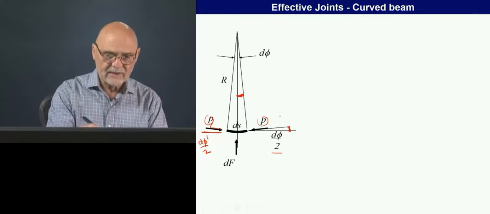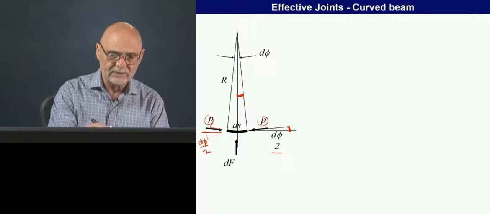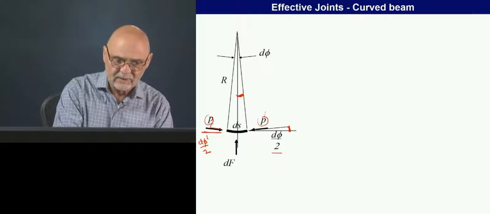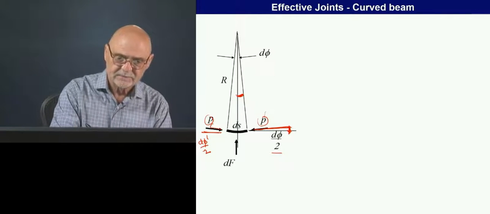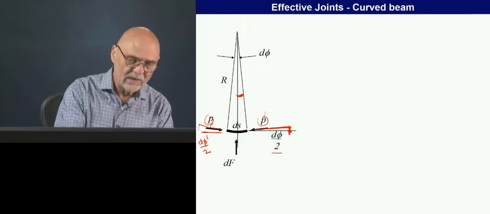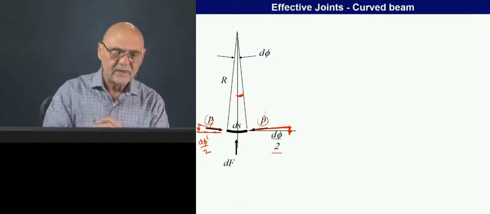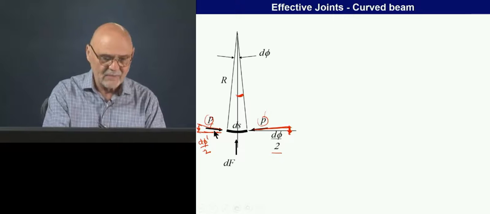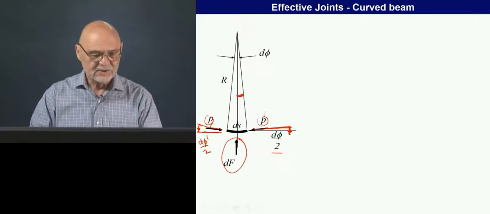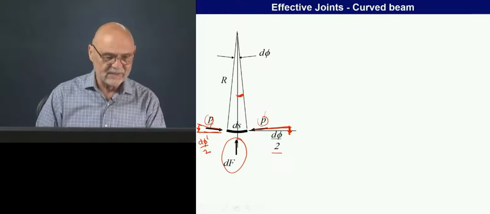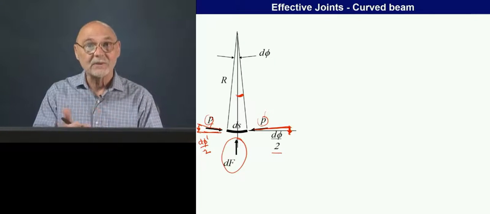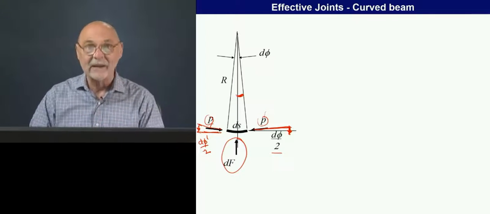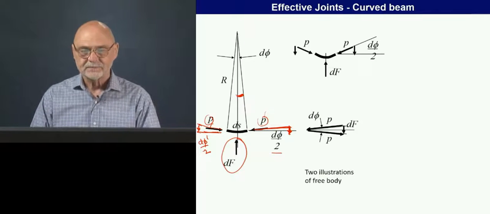And we can see that there's a downward component with each of these, right? If I make this a lot bigger, we have a downward component and a downward component here. So something has to be pushing upwards on it, so we're going to put a vector in there that's d capital F. We don't know where that's going to come from yet, but we know that from the free body, it has to be there.